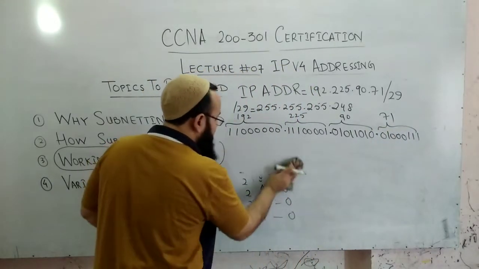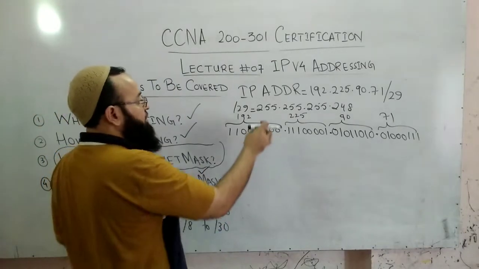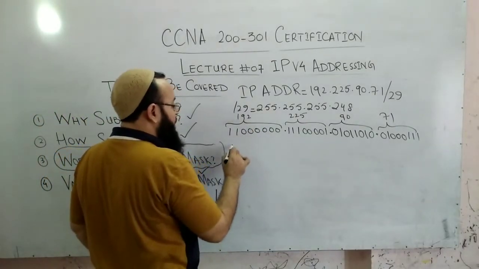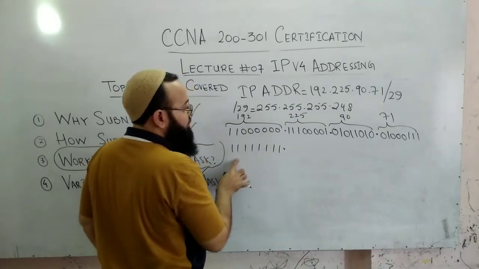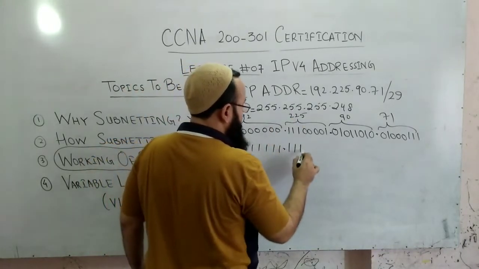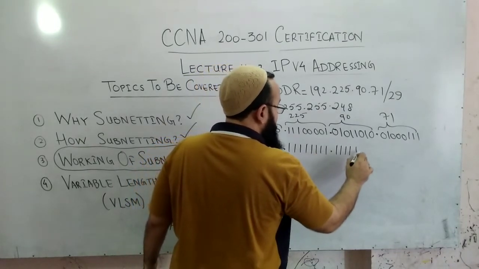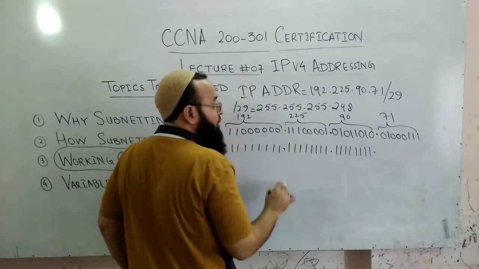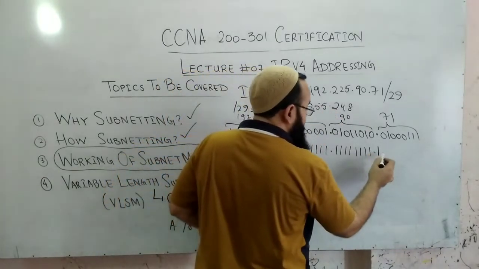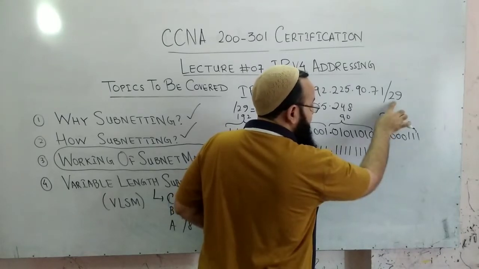Now talking about the subnet mask, what does the subnet mask do? Basically we have the subnet mask 255. 255 means all ones. This is 255. Another 255, all ones, 8 of them. All ones. And finally 248. Now 248 is 128, then 64, 32, and so on.